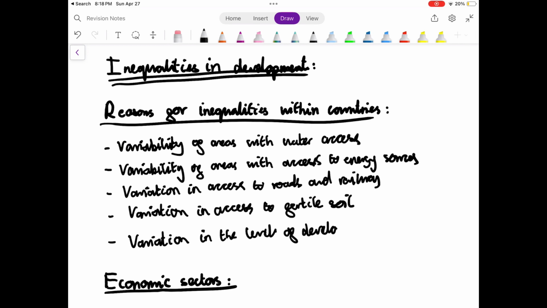By this I mean the proportion of those employed in different sectors of the economy.